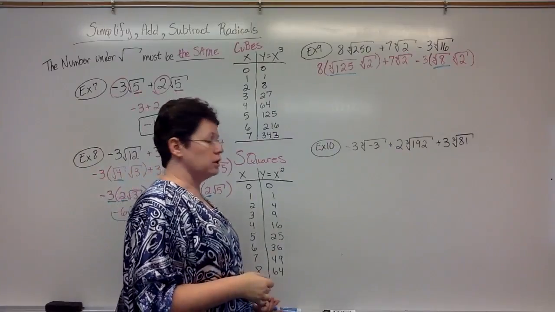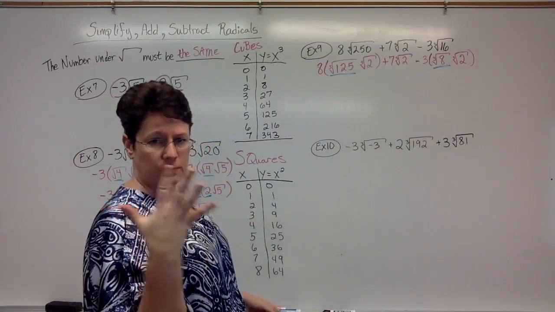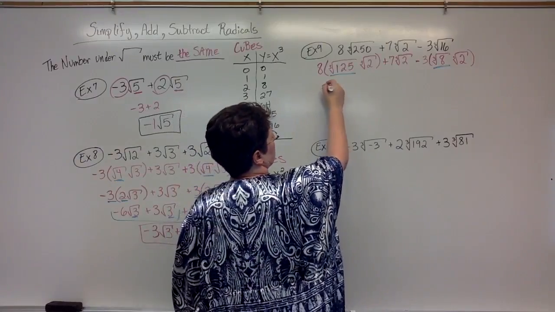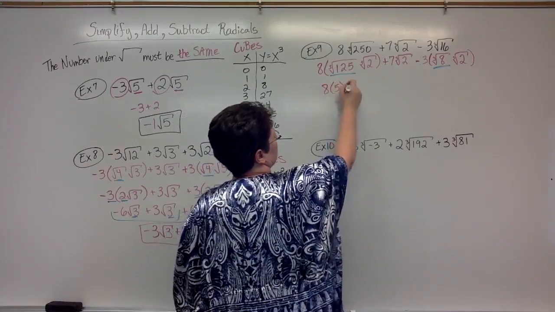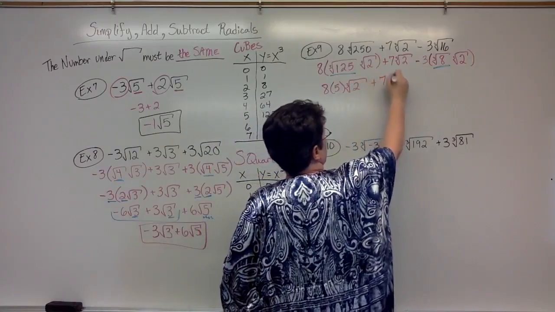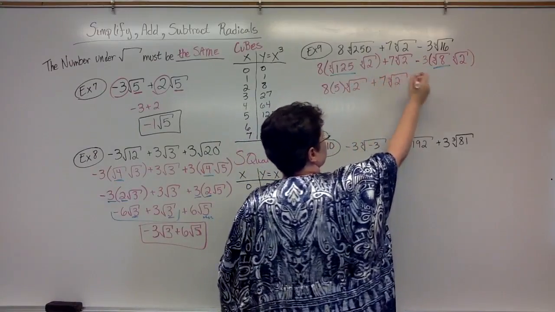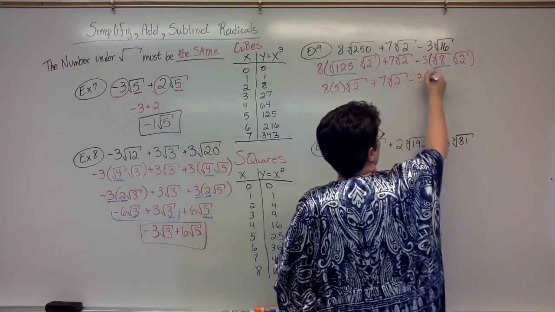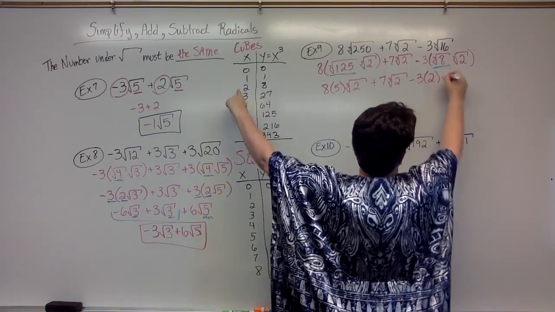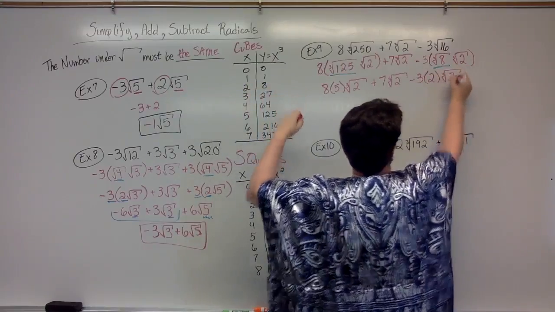All right? The cube root of 125 is 5. It lines up in the table. So I have 8 times 5 times the cube root of 2 plus 7 times the cube root of 2 minus 3 times cube root of 8 is 2 times the cube root of 2.